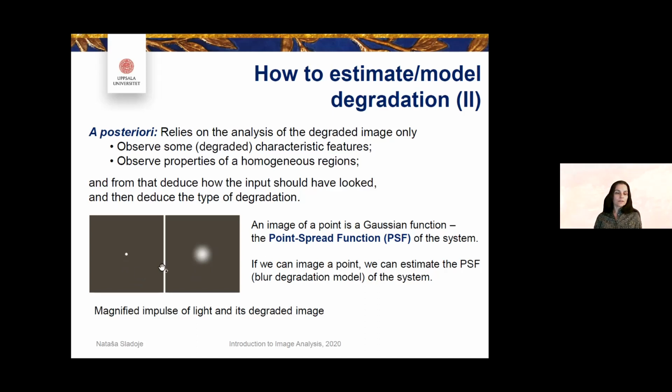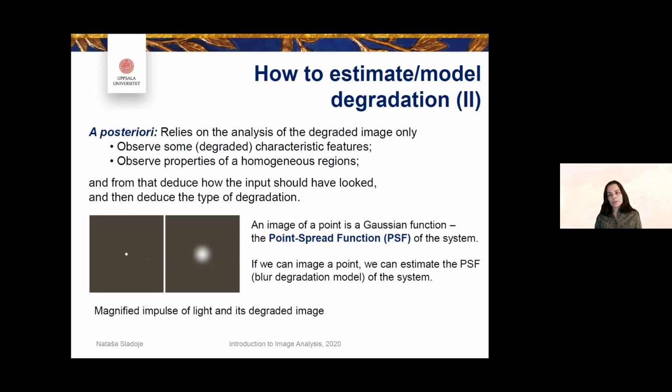Here is an impulse imaged in two different systems, and a typical appearance of a point spread function, where both are some kind of Gaussian responses. And then we would conclude from there what the degradation is that we should apply by convolution over the whole image, because that is what was applied to the ideal, original image to get the observed one that we have.